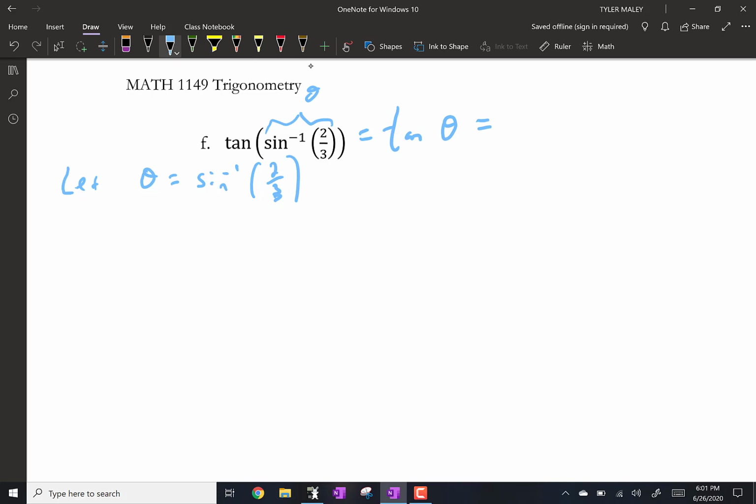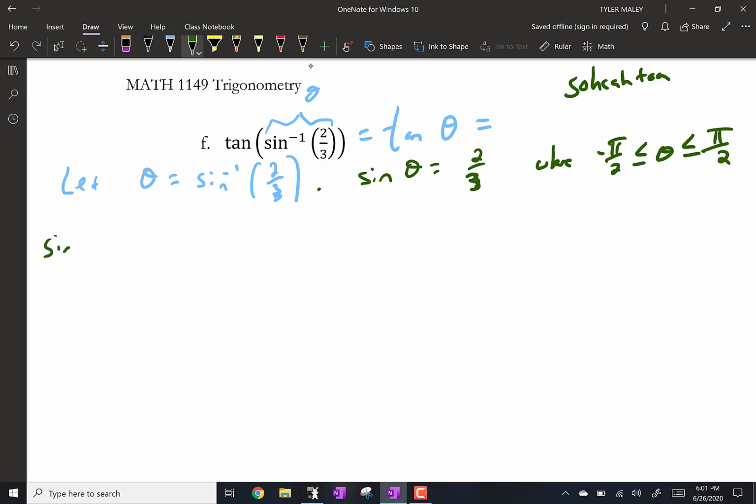With this one, I think we're going to have to draw a triangle to figure it out. What this implies is that sine of theta equals 2/3, where theta is going to be in between negative π/2 and π/2. Don't forget SOHCAHTOA.